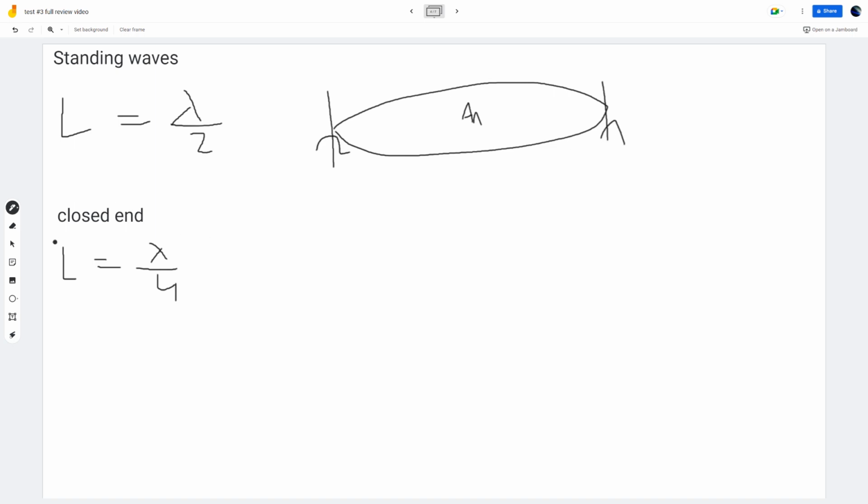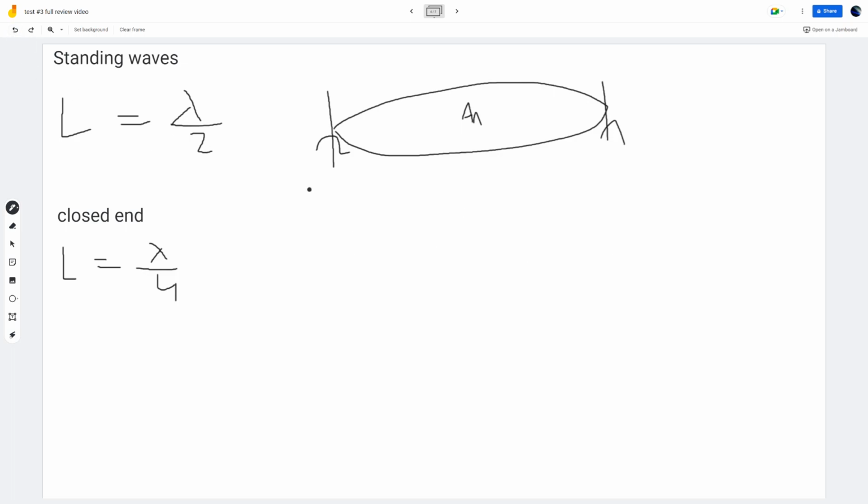Calculating the wavelength in this case is two times the length of this thing, if it's like a guitar string. And as we increase harmonics, it's just going to increase the number of antinodes for this setup.